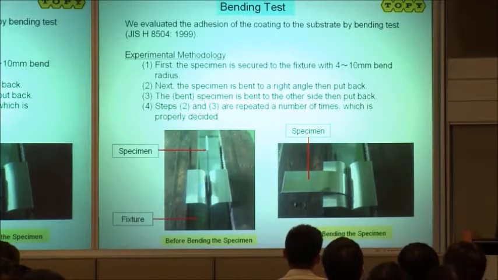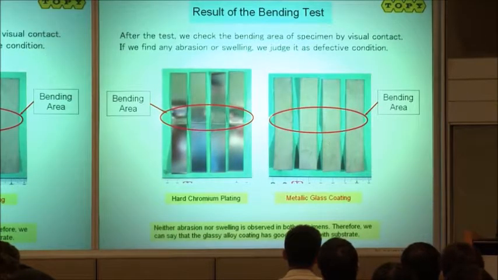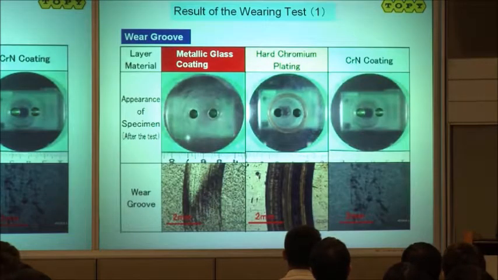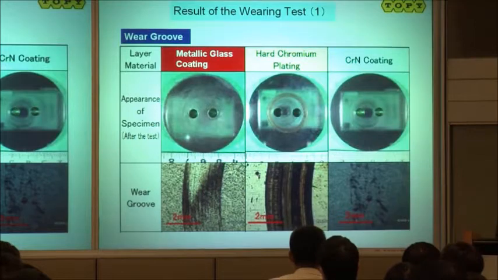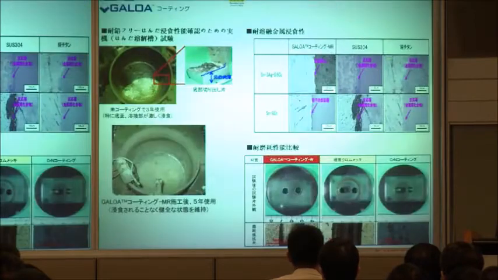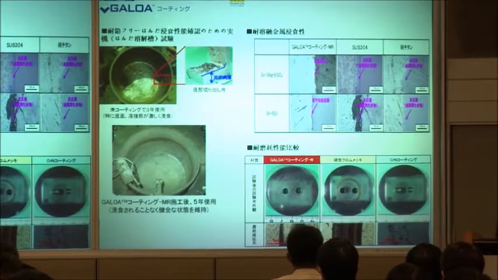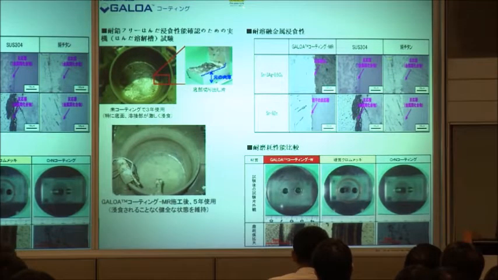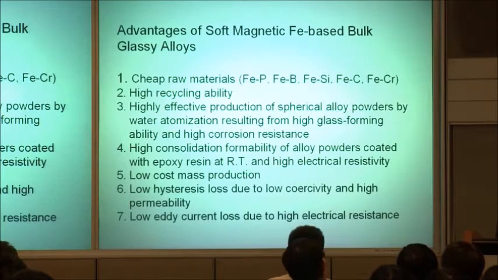In the Japanese Industrial Standard bending test, we didn't observe any abrasions and swellings after bending in the bending regions. This coating layer also shows good wear resistance in comparison with hard chromium plating and chromium hydride coating. Therefore, this Galois coating, that's the trademark, has been commercialized by Topy Industries.